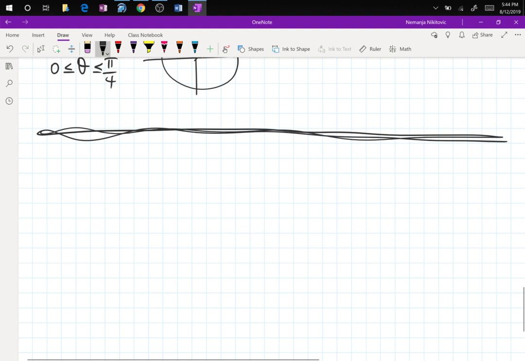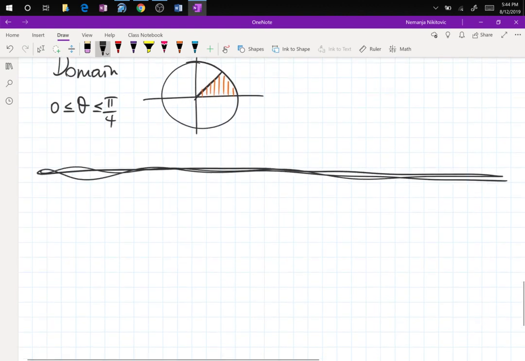The rectangular system had the two basic equations: x equals a number and y equals a number, which are horizontal and vertical lines. So, rectangular coordinates.